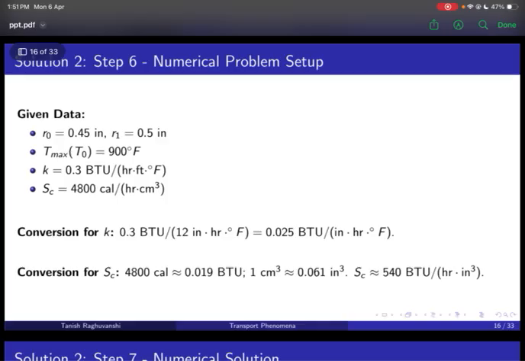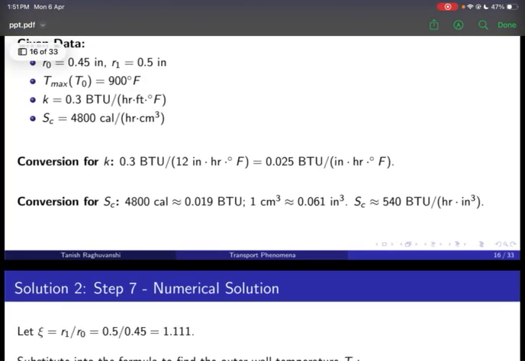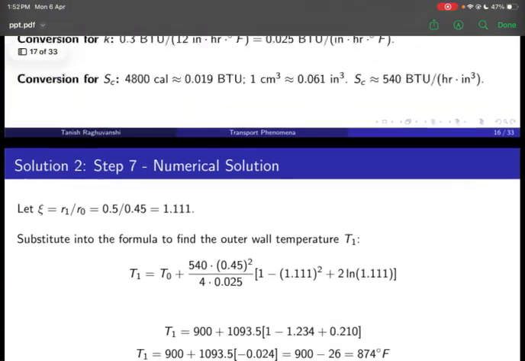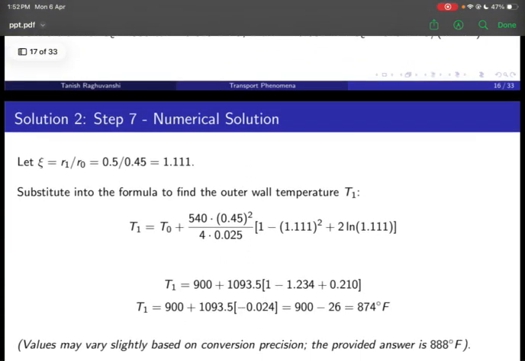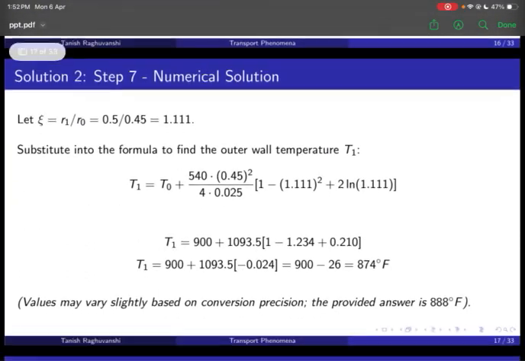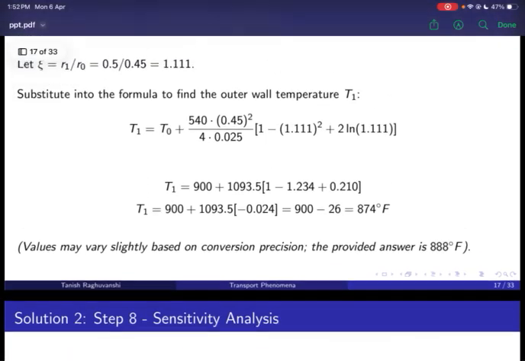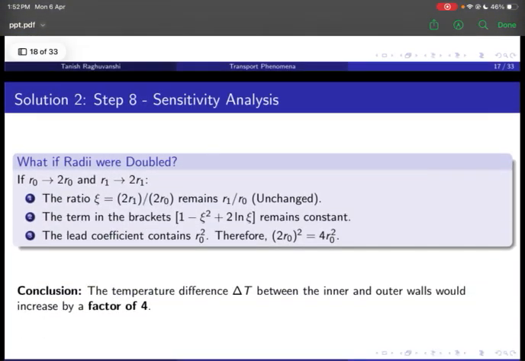Now the numerical problem: the units are all different, so we have to convert them into the traditional units, and then we can use the formula mentioned here to find T1, which is 874. Due to the difference in conversion, it is slightly different.